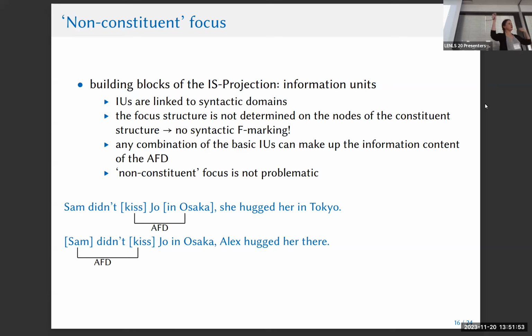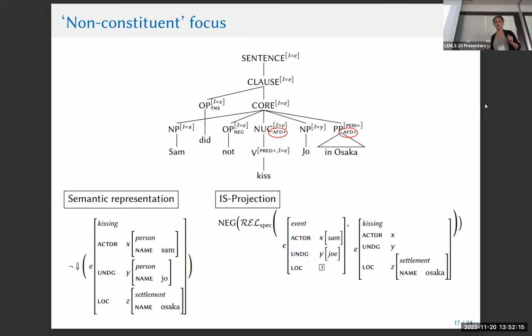And you don't read off the focus structure from the nodes itself. Still, it is related to the syntax and the semantics. And this is pretty powerful because, as we know, a lot of focus structures are problematic in traditional syntactic analysis. And in this way, these are not.